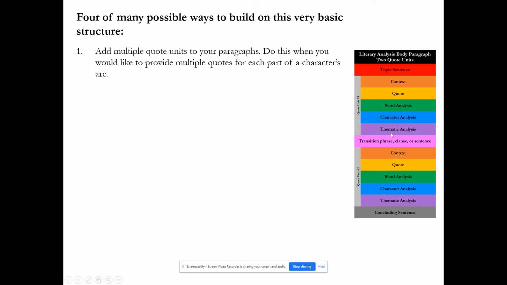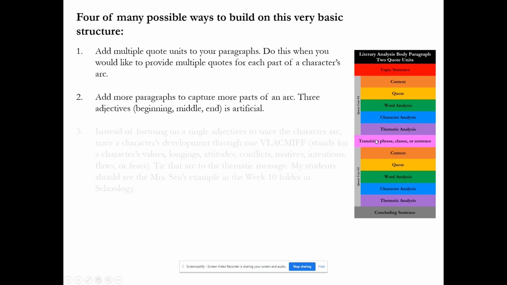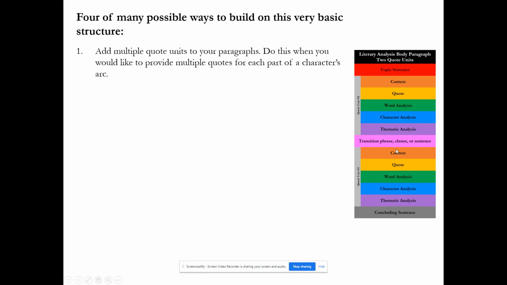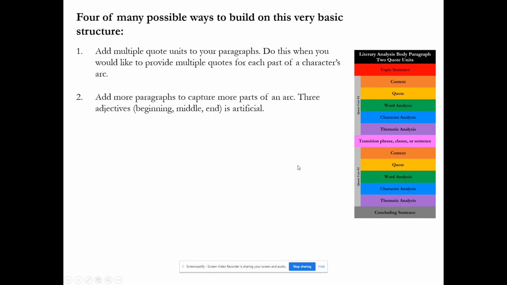You can transition from one bit of thematic analysis to the context of the second quote unit, provide your second quote, do more analysis. And in this case, you do need a concluding sentence that sort of ties together everything that's going on in the paragraph.